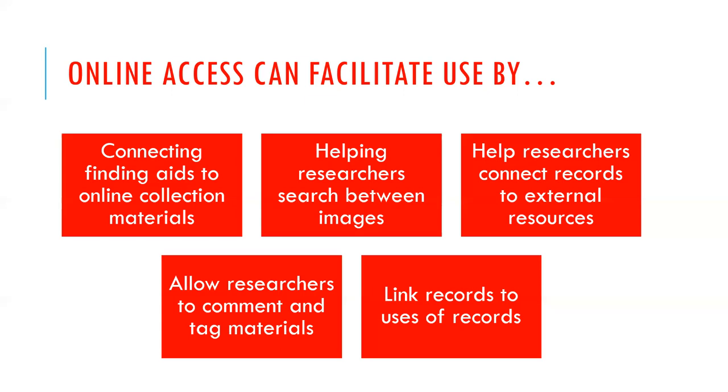So again, none of this can be done unless records are chosen for digitization in the first place. It's really difficult to develop the contextual relationships between a piece of paper that's sitting in an archive and hasn't been scanned and isn't available online.